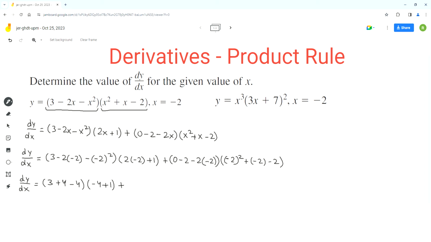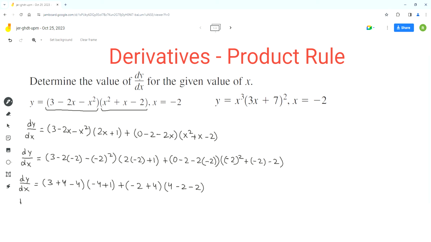Now in the second part, we can get rid of the 0, so we just get negative 2. Then minus 2 times negative 2 will be positive 4. Now in the last parentheses, we'll do negative 2 squared, which is equal to positive 4, then minus 2 minus 2.